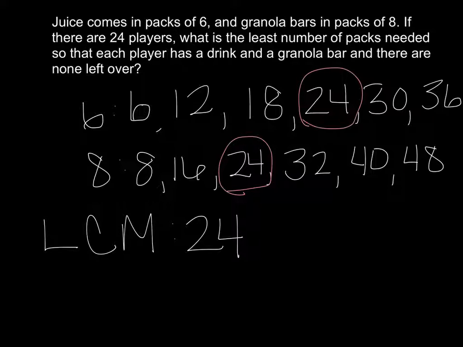What is the least number of packs needed so that each player has a drink and a granola bar? So how many packs of juice? We would have to buy 1, 2, 3, 4 packs of juice.